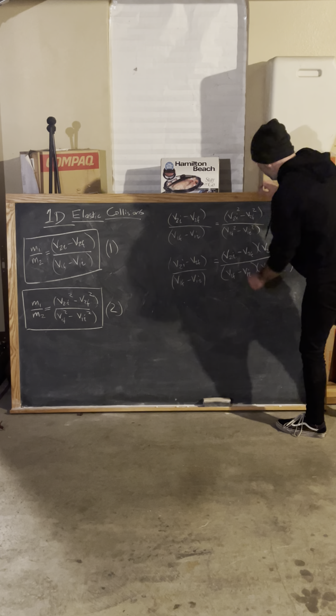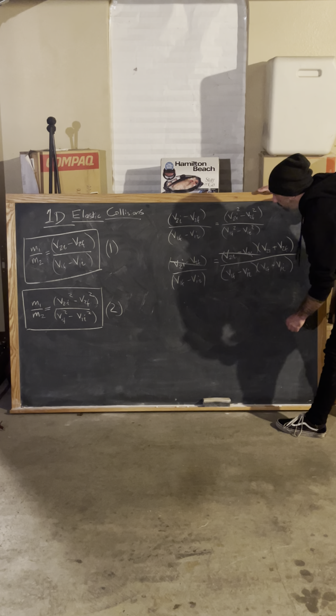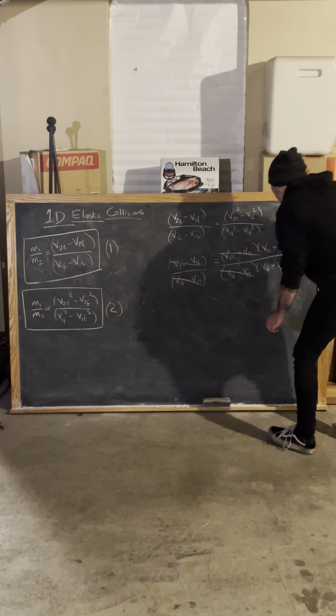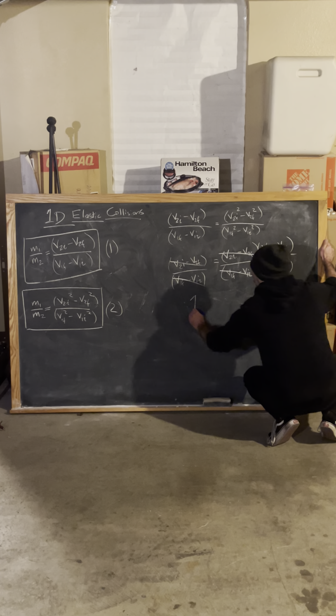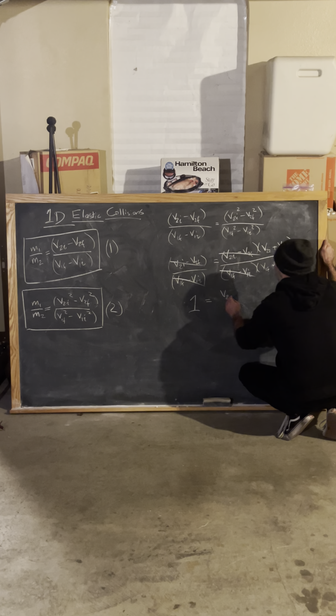Now, we can cancel these like terms on this side and on this side. So that gives us 1 is equal to v2I plus v2f divided by v1f plus v1I.